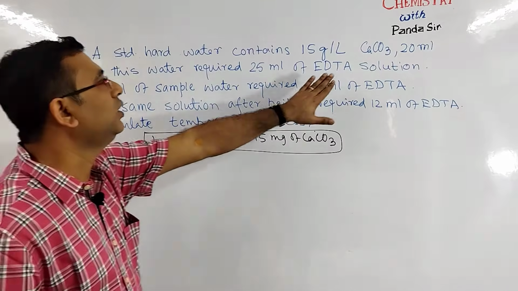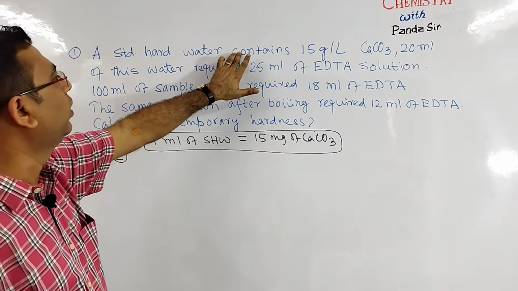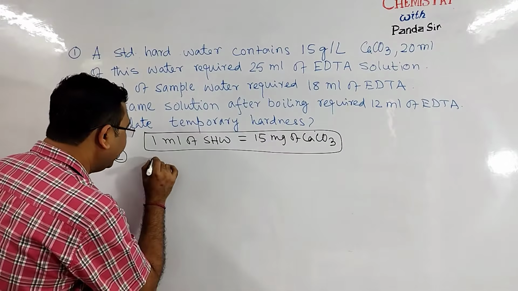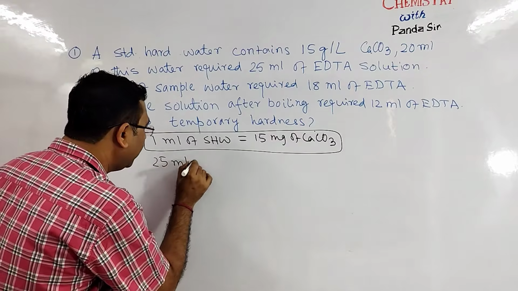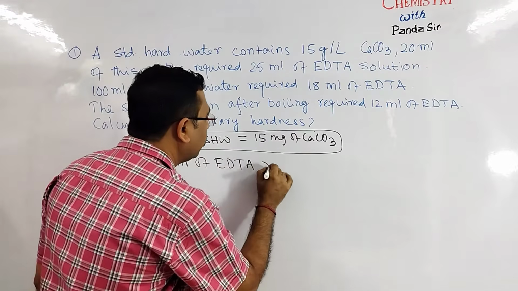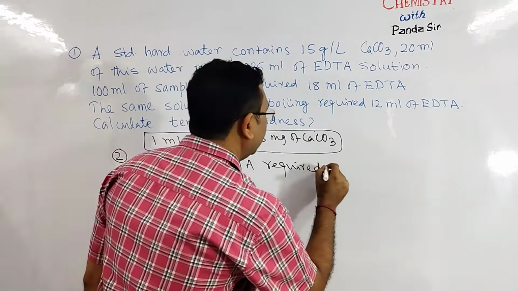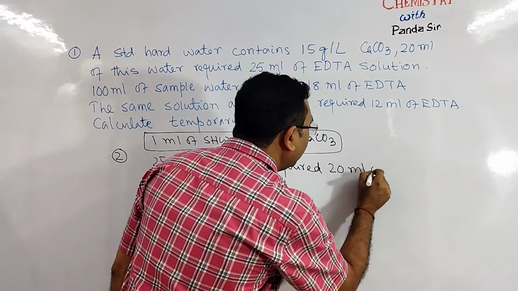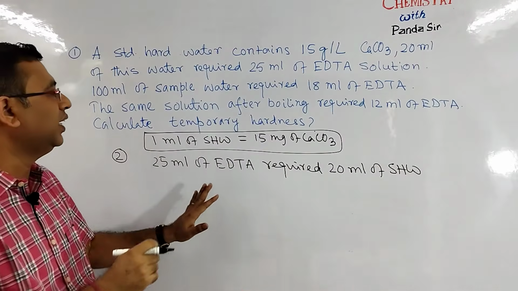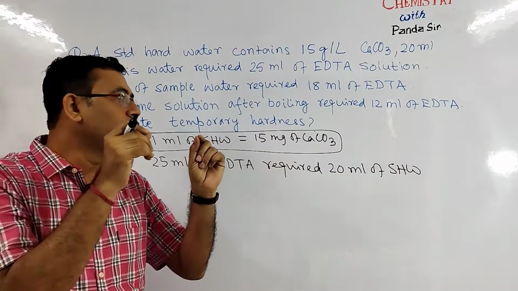You can see what they have said. 20 ml of this water, meaning standard hard water, require 25 ml of EDTA. So can I write 25 ml of EDTA is required for 20 ml of standard hard water. So exactly the same thing I have written as what is there in the question paper. So that will help you to write also.